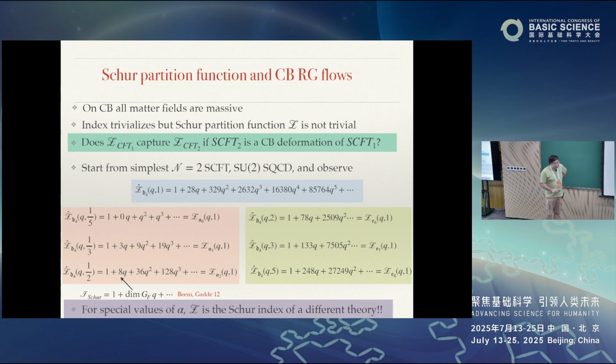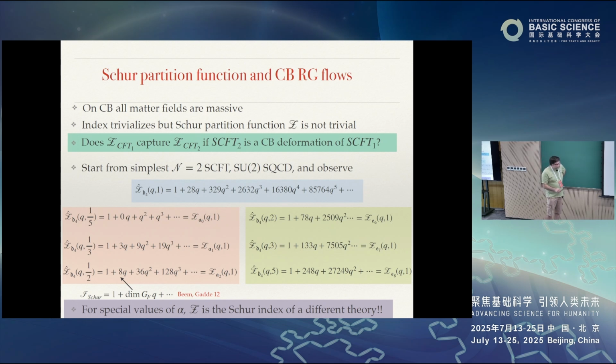And we ask, when do we get integer coefficients? And then we look at fractional values of alpha, and we see that for 1/5, 1/3, 1/2, we get integer expansions in the index. And one can show that if we interpret this partition function as a Schur index of some theory, the coefficient of Q has to be the dimension of the global symmetry of the theory, based on very general arguments.